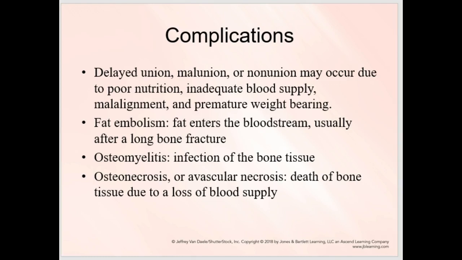You could get an infection, which would be your osteomyelitis or osteonecrosis, or avascular necrosis, which is death of that bone tissue. There is one bone I could think of, for example, off the top of my head, that is in the wrist, and that bone is your scaphoid, and there's a blood vessel that wraps around it. If you throw a punch the wrong way, you can damage that blood supply, and you can actually have necrosis of that scaphoid bone.